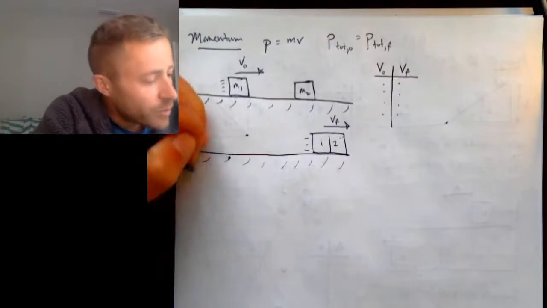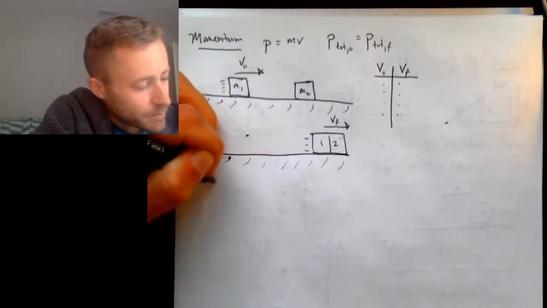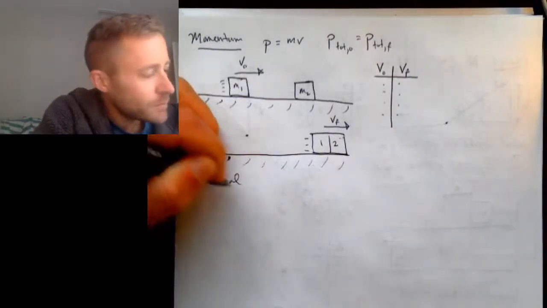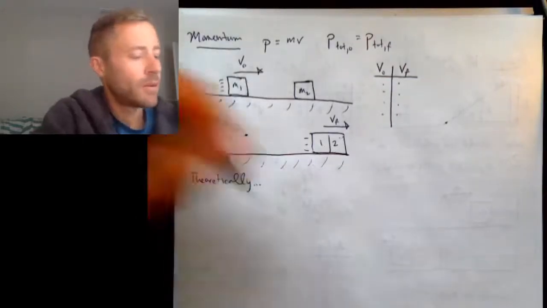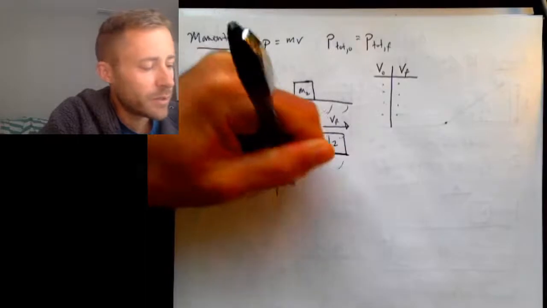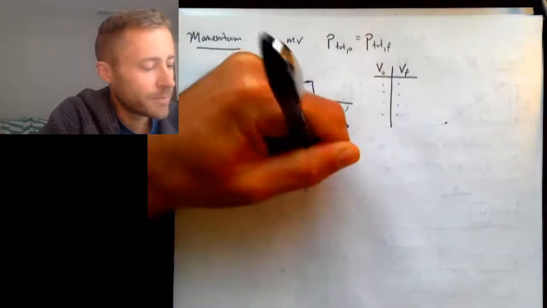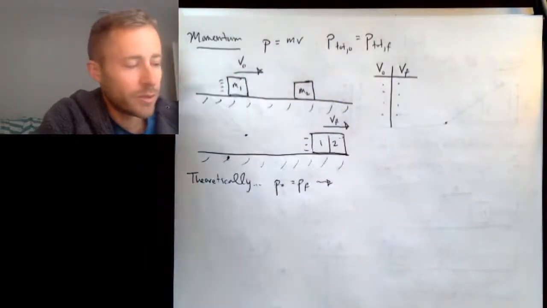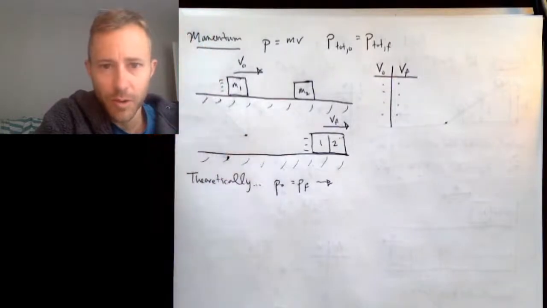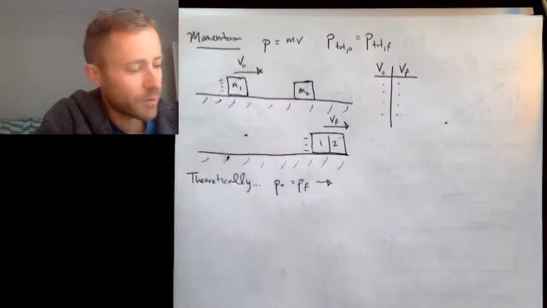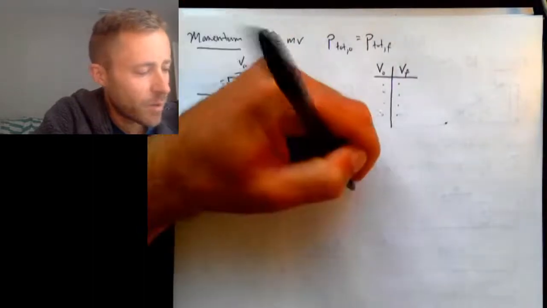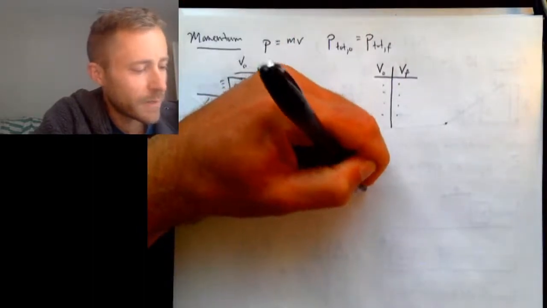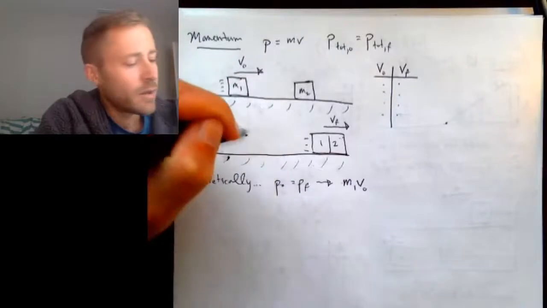So what should the theoretical relationship be? P initial equals P final. The initial momentum is carried only by the mass m1 because m2 is at rest, so my initial momentum is m1 v initial.